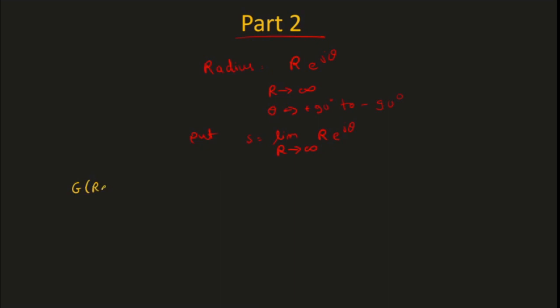So the transfer function will become g of r e raised to j theta equal to 50 upon limit r tends to infinity r e raised to j theta plus 1, r e raised to j theta plus 2.